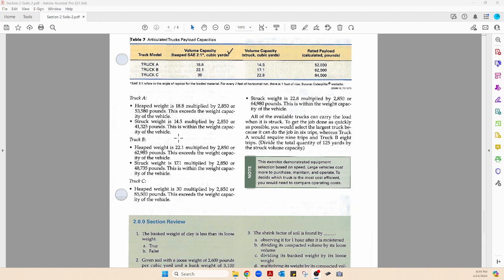And I feel like that's what I did by taking the total weight of all the dirt we need, the 125 cubic yards, and dividing it by the capacity of each truck. And that tells me how many trips. If you find something wrong with that, I won't be embarrassed. I'll be happy to listen to you. But I think that that's the best way to do it.